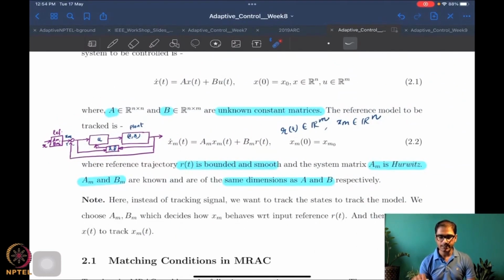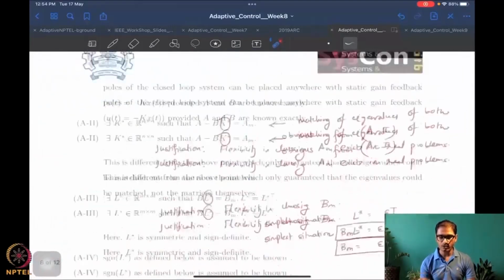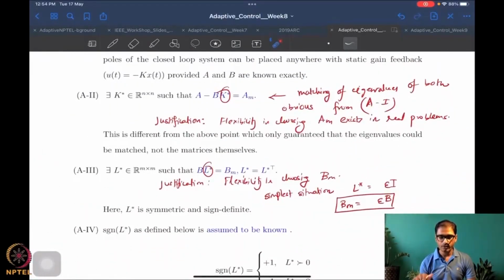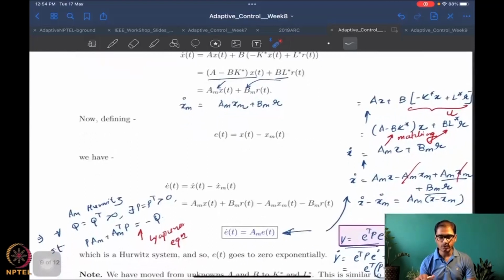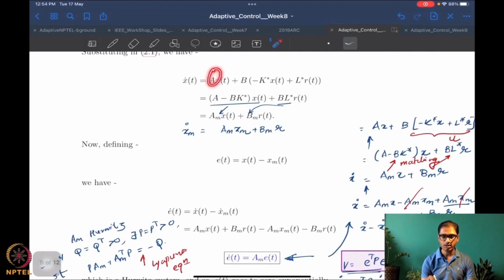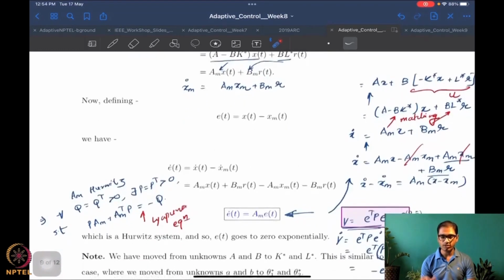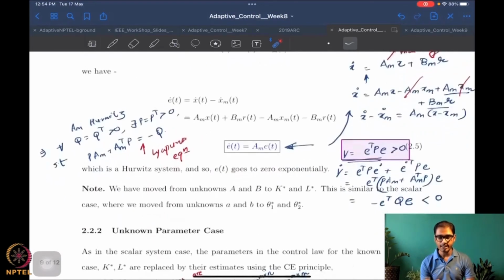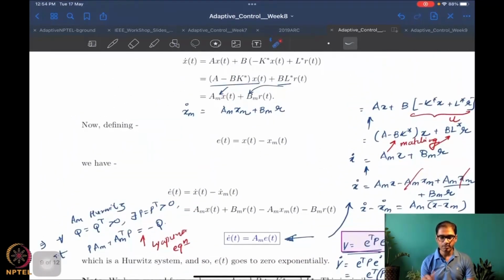And everything else is sort of similar. In terms of the analysis, the big difference that we saw was that we had unknowns which were actually matrices, right? So we started with A and B being unknowns, and then of course we redesigned it so that the unknowns became these K star and L star, which were still matrices, right?